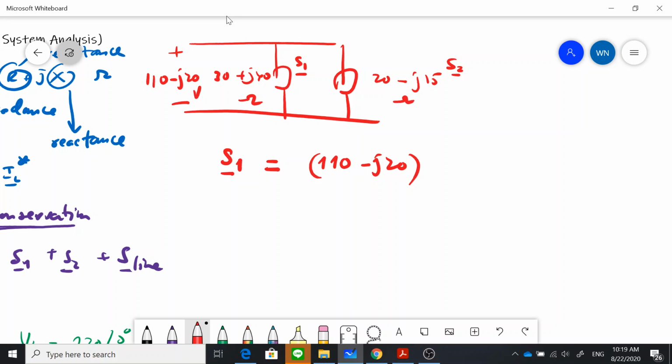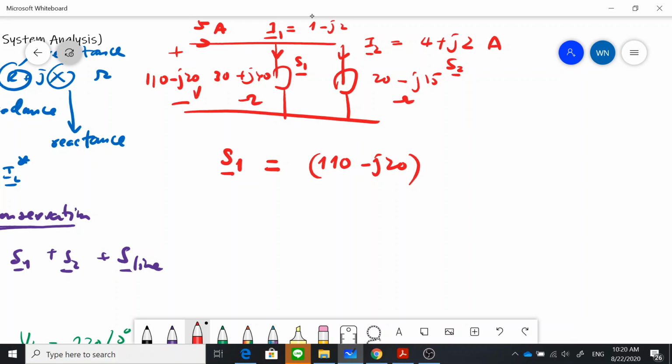Now the I here you have already computed. The I was I1, right? The quantity of I1 was 1 minus j2, and the I2 you have already computed, which is 4 plus j2. That's why the sum of I1 plus I2 is equal to 5.